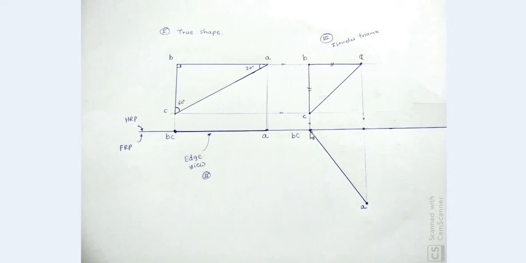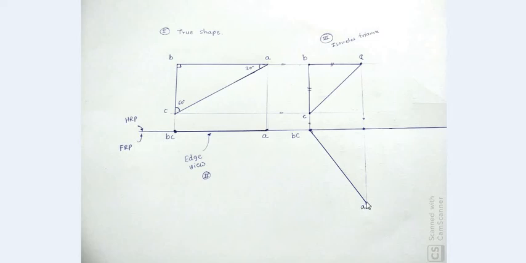This BC we will keep in FRP, and from A we will draw a projector, and on this projector point A would lie, and this distance between the point view of BC and A we will take from the length of the edge view. When we give inclination to the edge view, we do not change its dimensions. So this edge view length would be marked over here on the projector of A in order to locate point A.